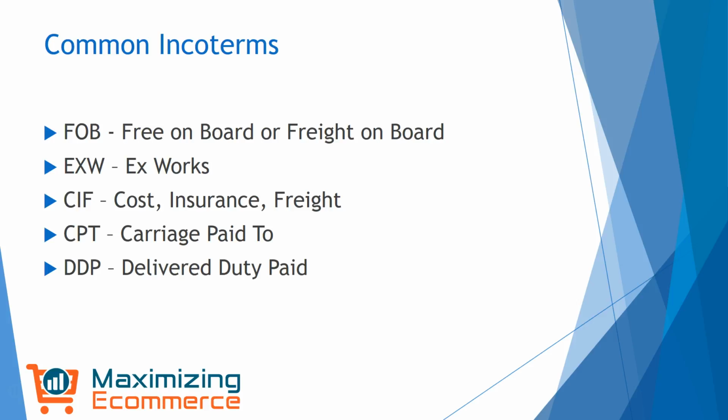But if they're quoting you shipping where the shipping price includes someone picking it up from their factory, you don't want to also pay for FOB for them to pay for it to go to the airport. So you just maybe want to clarify that. But either way, FOB or EXWorks is probably what you're going to use.